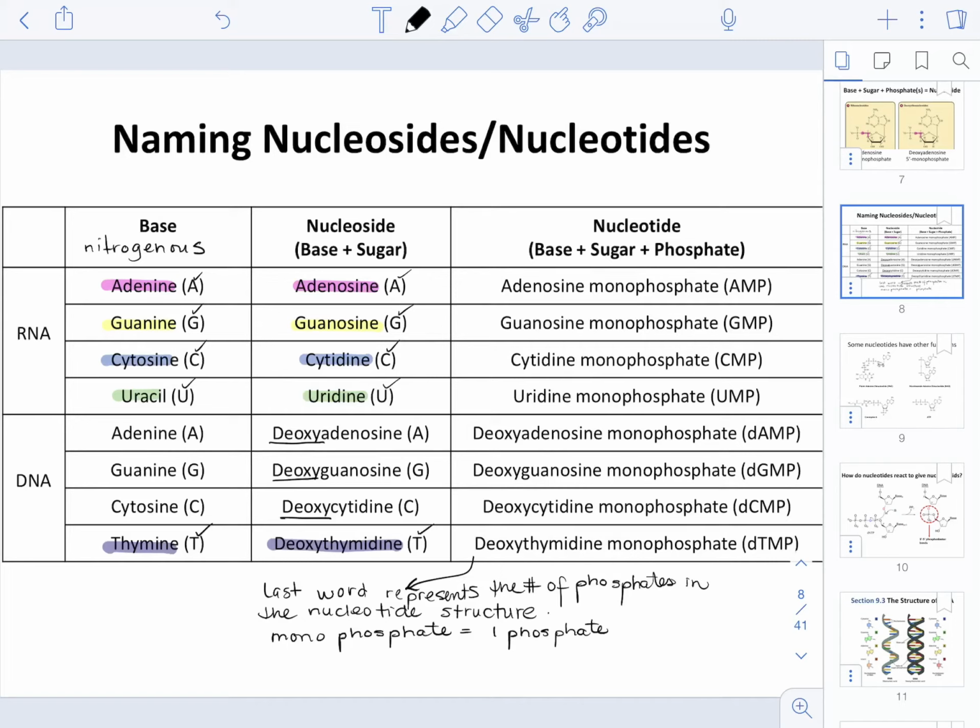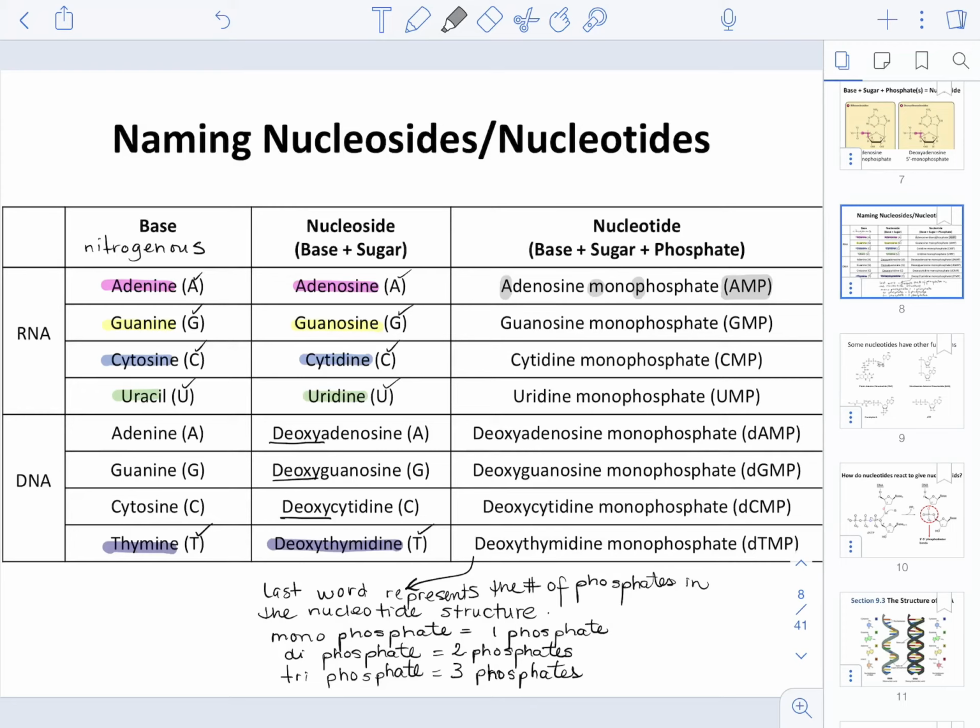When it comes to the abbreviation for nucleotides, understand that it is given by the 1-letter code of your nucleoside name. Remember, the nucleoside name implies the base and sugar, but we also need to include the phosphate. And then the first letter in your prefix for how many phosphates you have, and the P for the phosphate. So AMP stands for adenosine monophosphate.